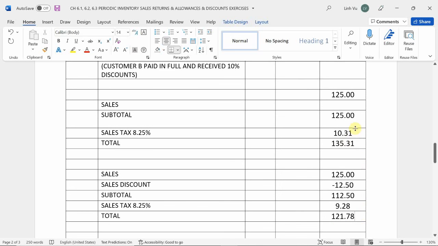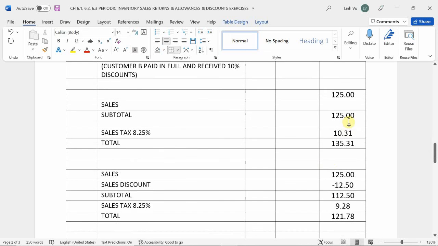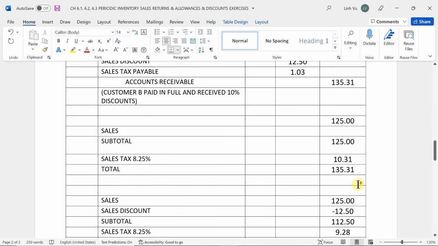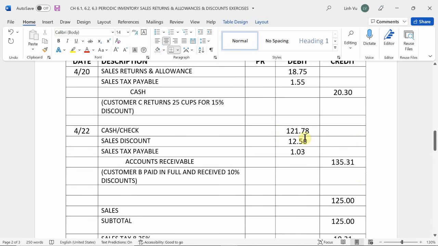The difference between those two is $1.03. So that's why I told you, instead of having to figure out this number, figuring out the difference between the two, it's easier to just take the $12.50 discount and multiply it by the tax to get the money back that you're supposed to refund.